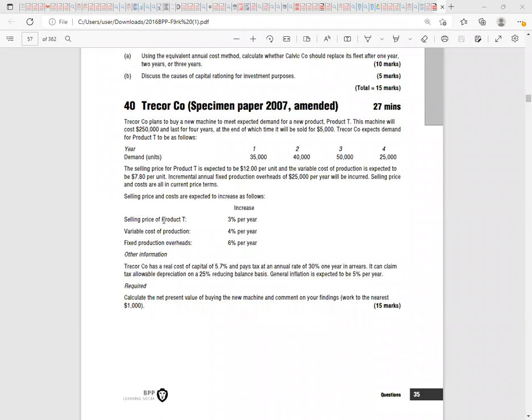Trigger company expects demand for product T to be as follows. Most importantly, they have given me tax allowable depreciation of 25%, and tax of 30%, right? It can claim tax allowable depreciation on a 25% reducing balance basis.